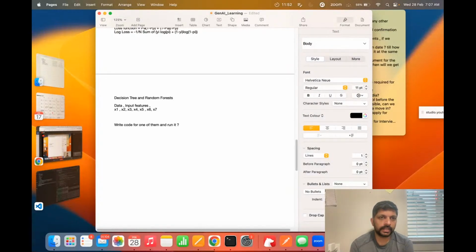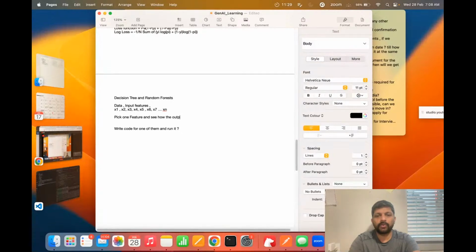In a decision tree, like I said, they pick one feature out of all these x1 to xn features. They pick up one feature and see how the output decision is being impacted.